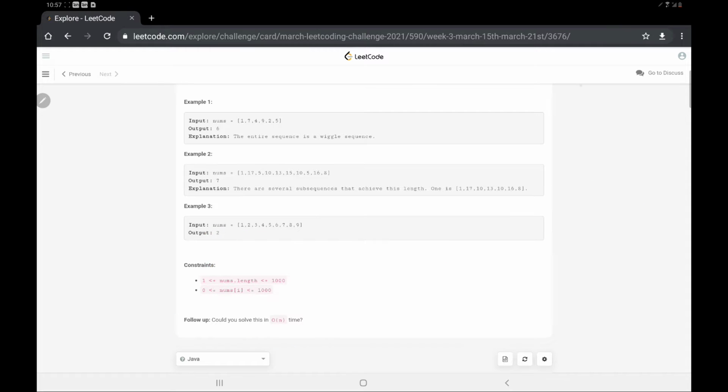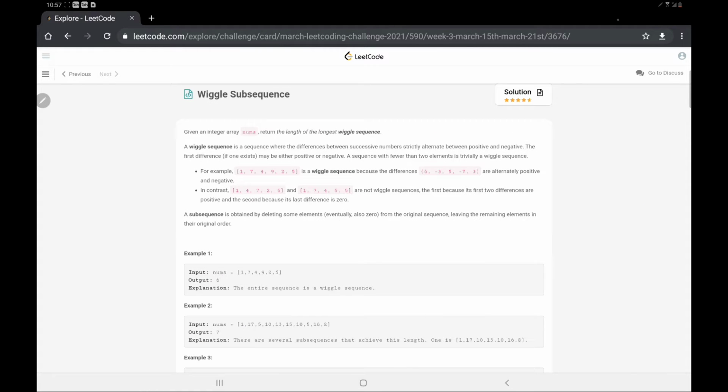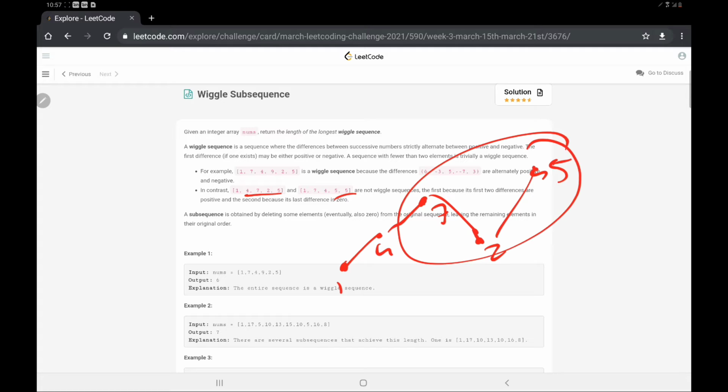And this is not a wiggle sequence, because we go 1 4, then we go to 7, then we go for 2, and then we go for 5. If this is a subsequence, then this can be a wiggle sequence, but together it is not.